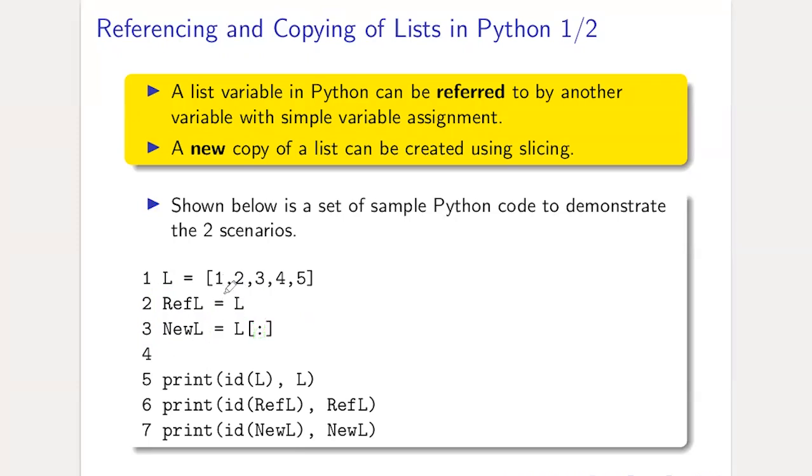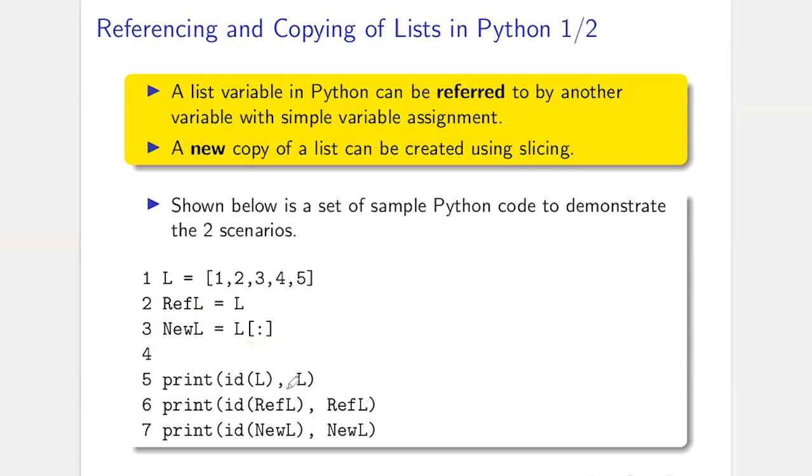In a sense, there is no difference between L and L with the splicing operation, because in both cases you get the full list.